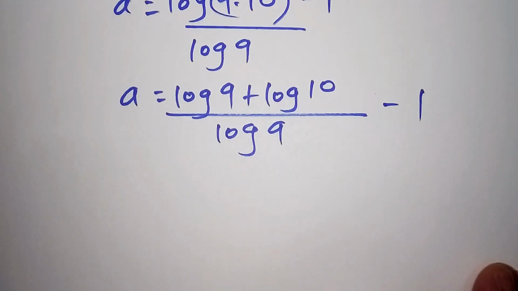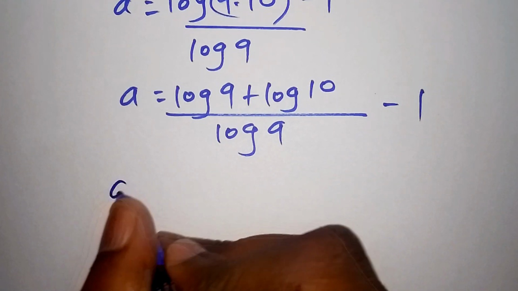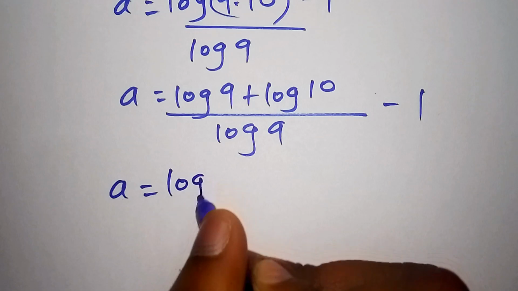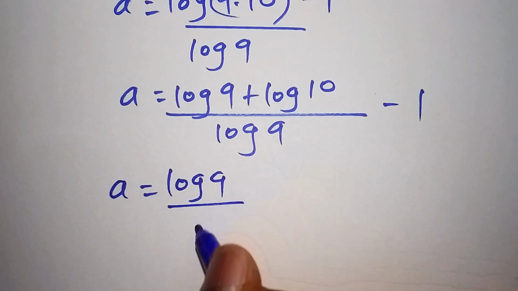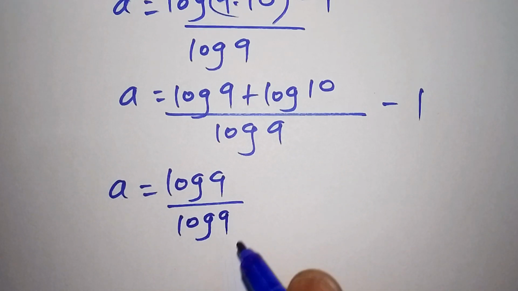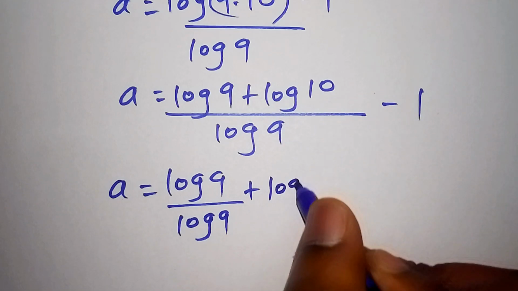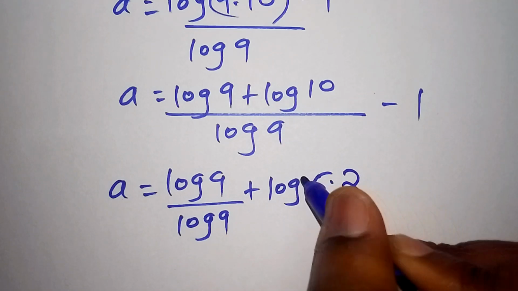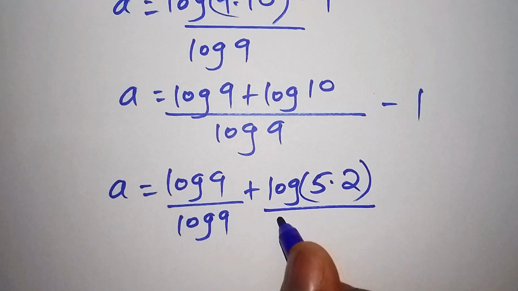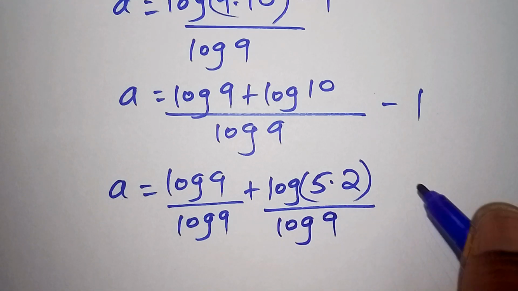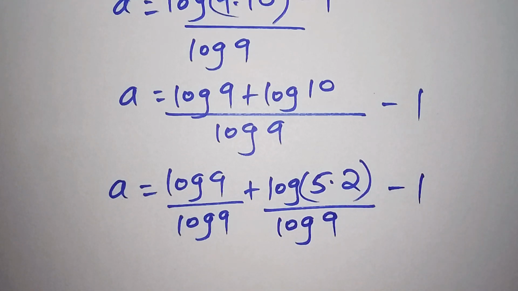Then we shall divide both sides by the log of 9, so a equals log 9 over the log of 9 plus, log 10 can be written as the log of 5 multiplied by 2, all over the log of 9, minus 1.